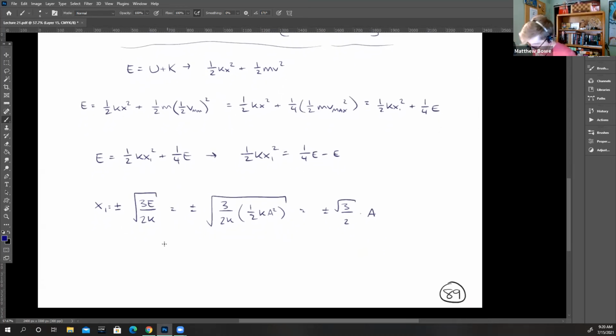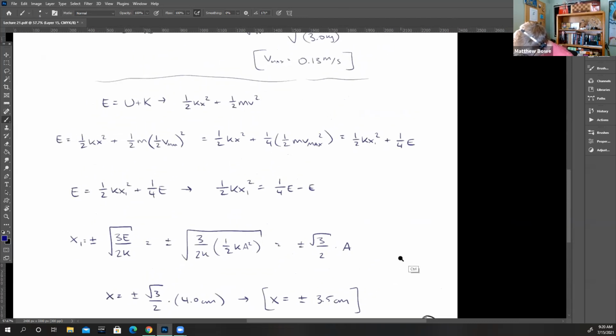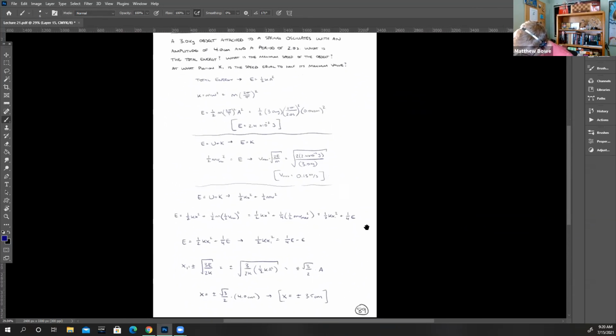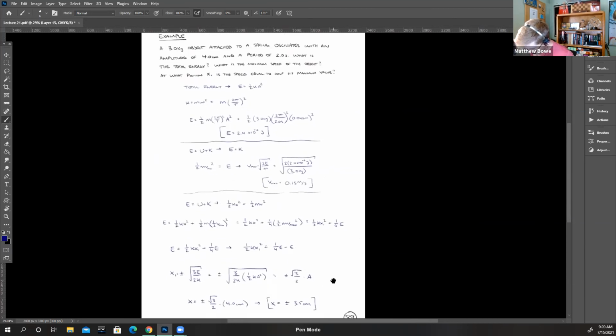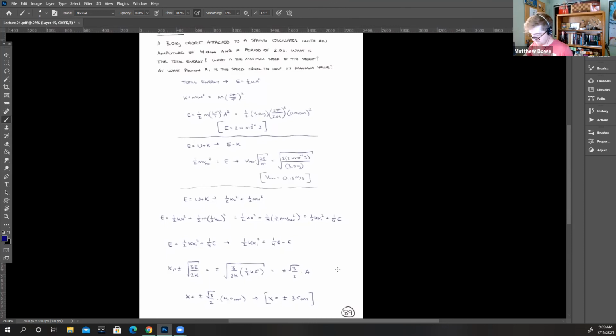Just about there. Finally, we have x equals plus or minus root 3 over 2 times 4 centimeters, equals plus or minus 3.5 centimeters. So that does it.